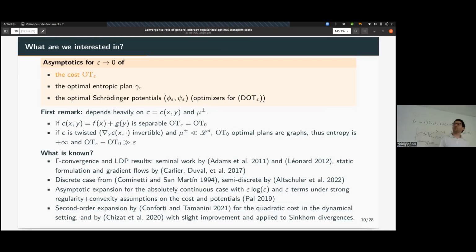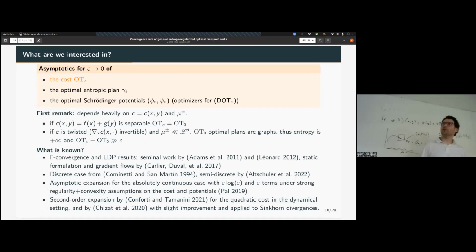Our original goal was to study the convergence of the entropic plan in some cases where the original optimal transport problem without regularization doesn't have uniqueness of the transport. Which one does it select? This was the question that we had. But we didn't manage to do it. However, we noticed that even the asymptotics for the optimal cost was wrong. So we studied this, and it has some applications also.